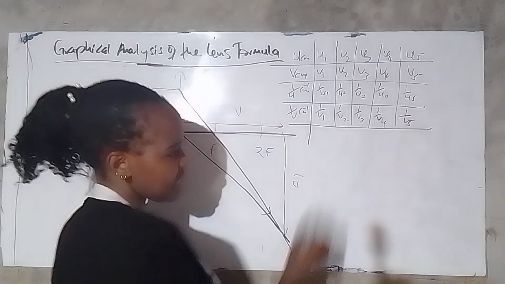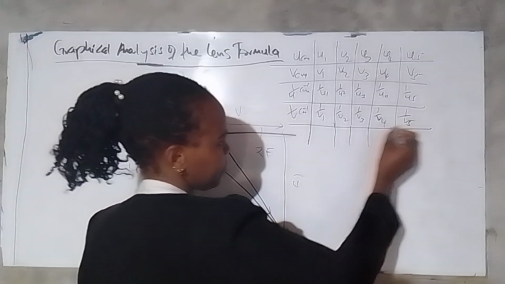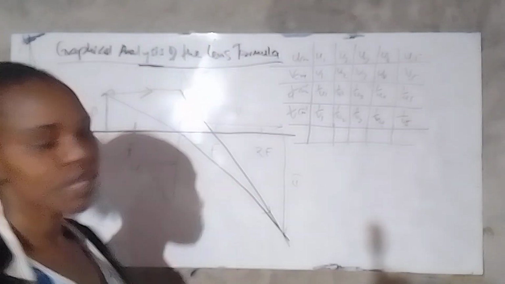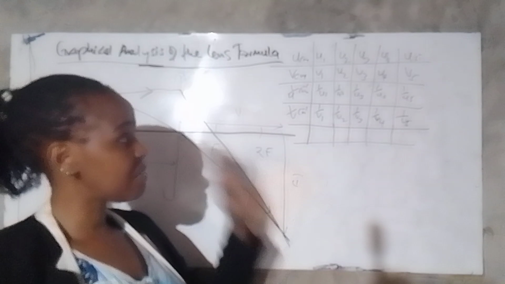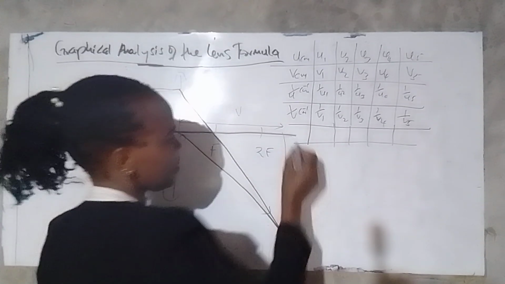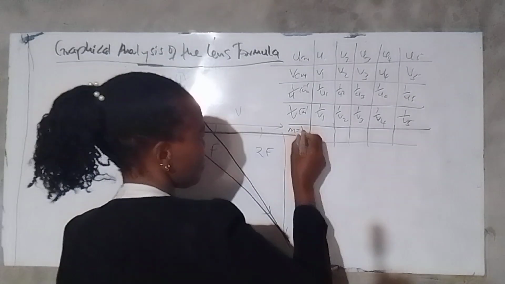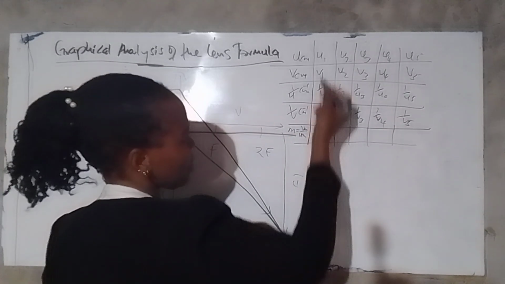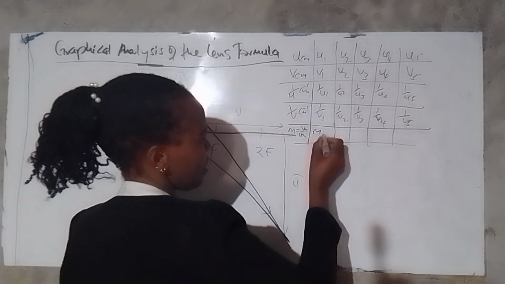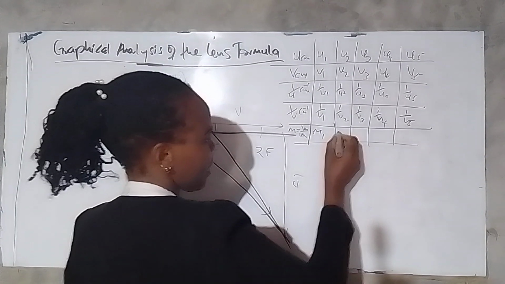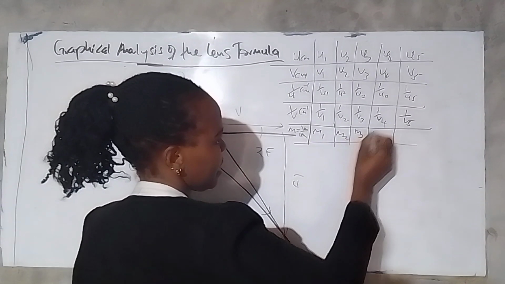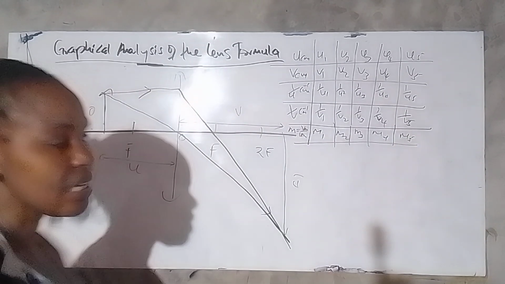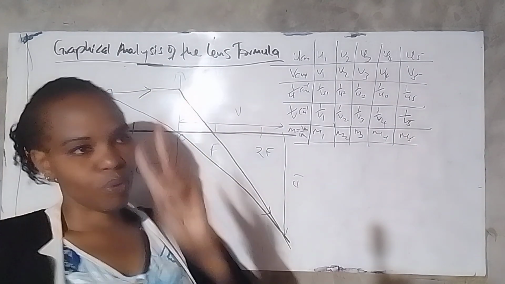The other column we created was magnification, which is V in centimeters divided by U in centimeters. So if we take V1 over U1, we get magnification M1, M2, M3, M4, and M5.